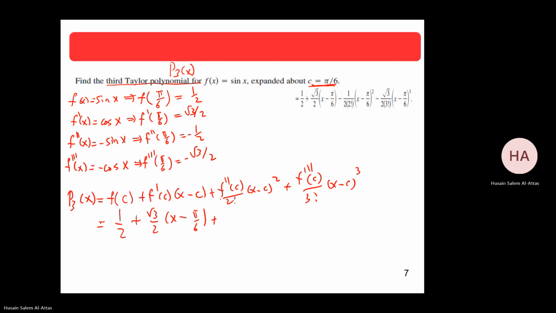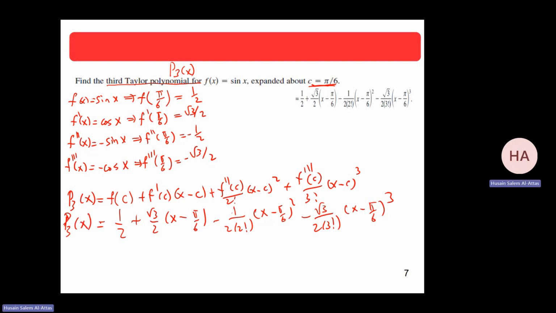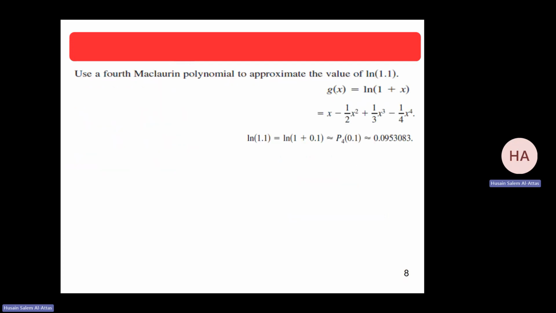This one minus 1 over 2 factorial x minus pi over 6 squared. This one also minus square root 3 over 2 over 3 factorial. I know c. Okay, so that will be P3 of x as a Taylor polynomial with c equal to pi over 6.